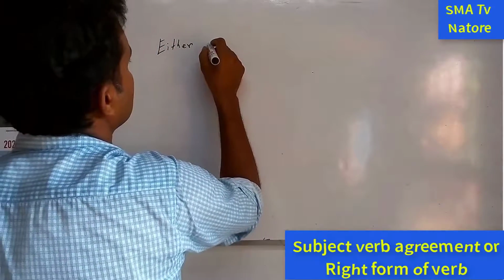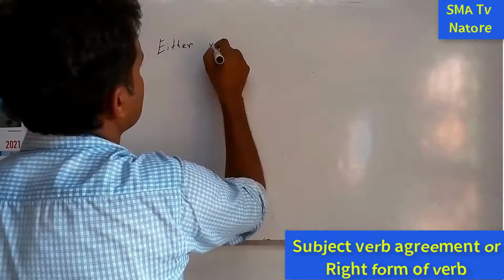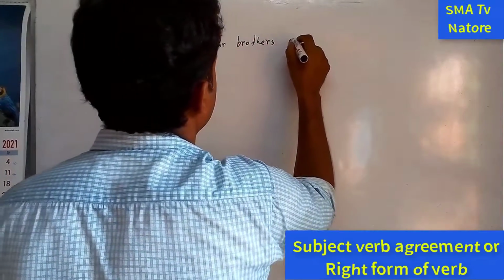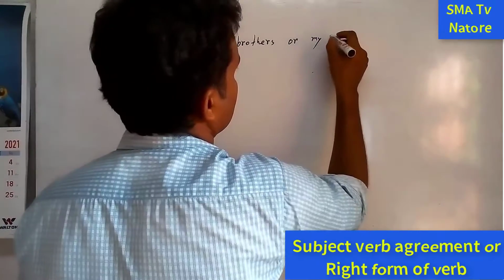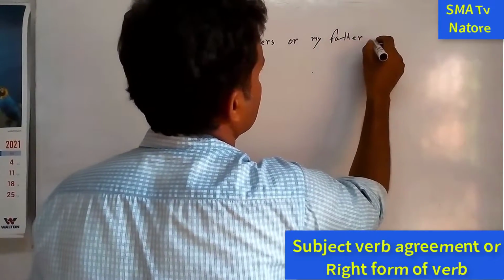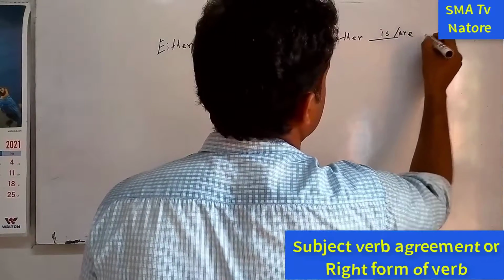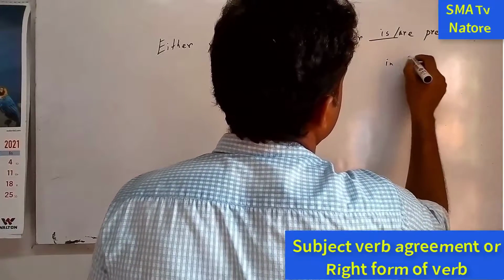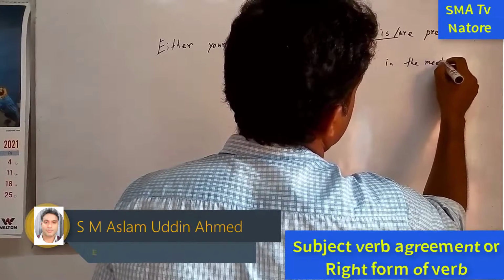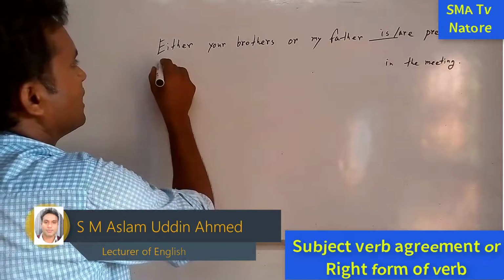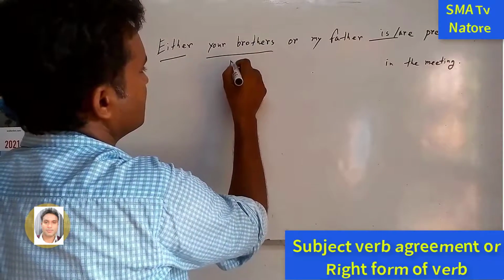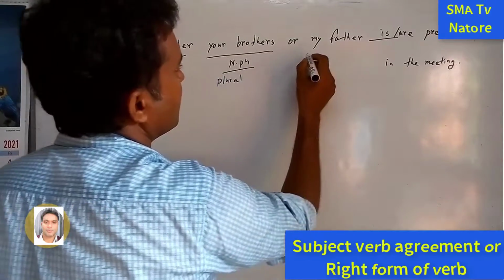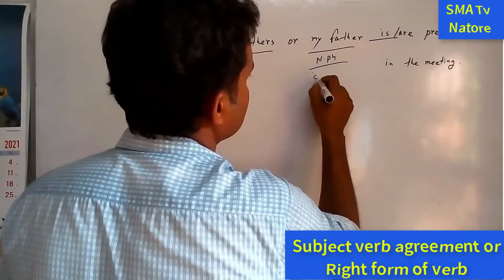Either your brothers or my father is or are present in the meeting. So either my brothers, you know, is a noun phrase plural. And this one is a noun phrase but singular.